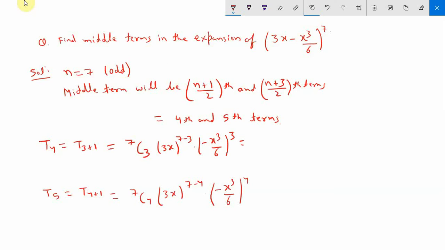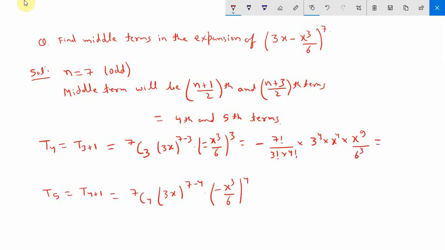After simplification, see this minus to the power odd, so it will be minus, so minus will come outside. 7C3, we can write as 7 factorial by 3 factorial into 4 factorial, into 3 to the power 4 into x to the power 4, into x cube, so x to the power 9, by 6 to the power 3.